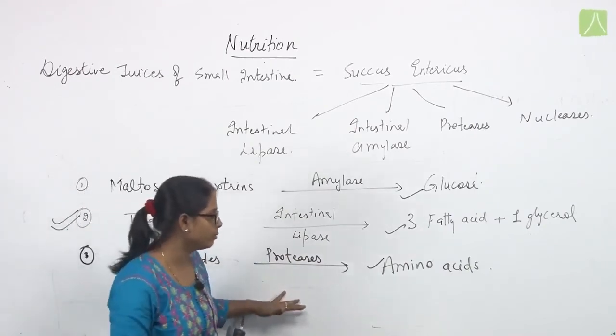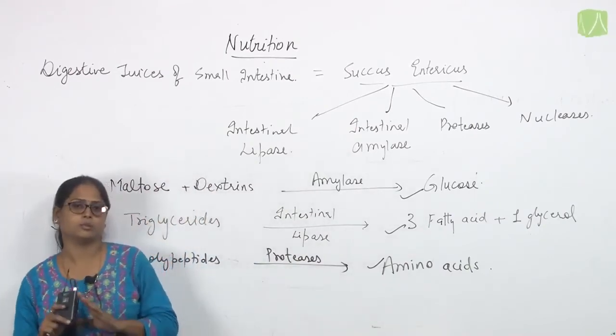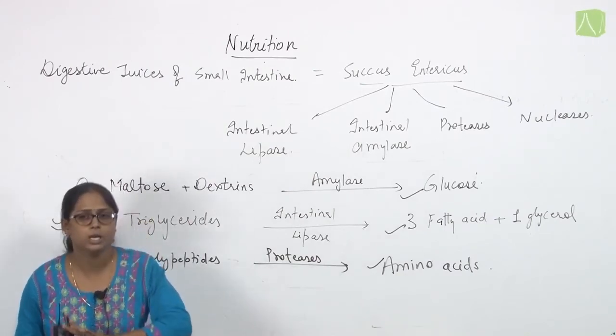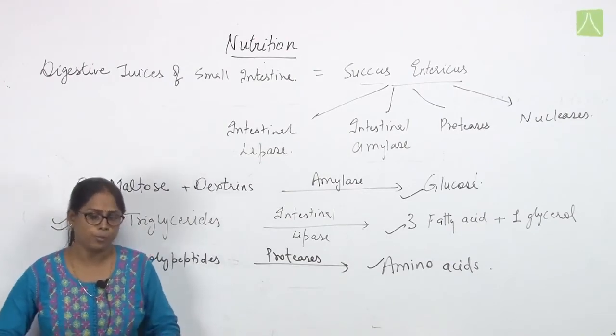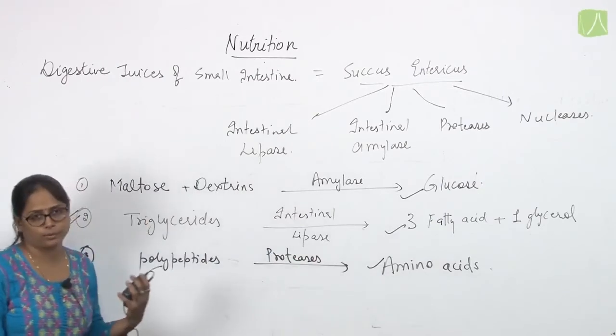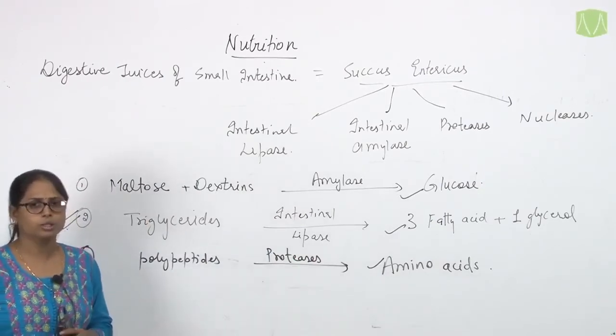So the digestion of food is completed at the distal end of the duodenum. Now in the jejunum and ileum part, the absorption of food is going to start.